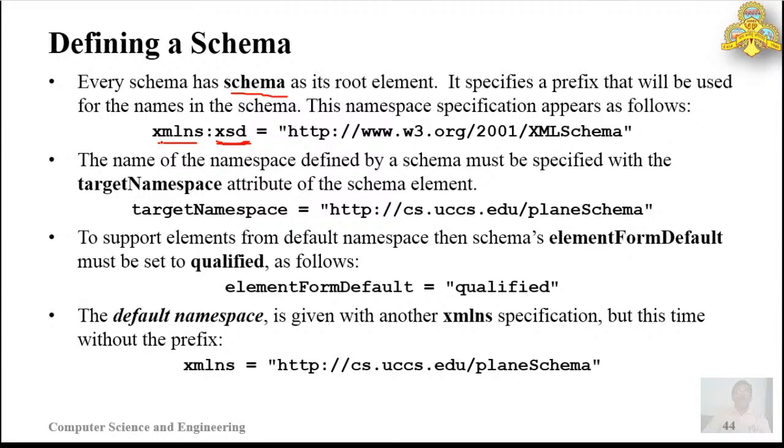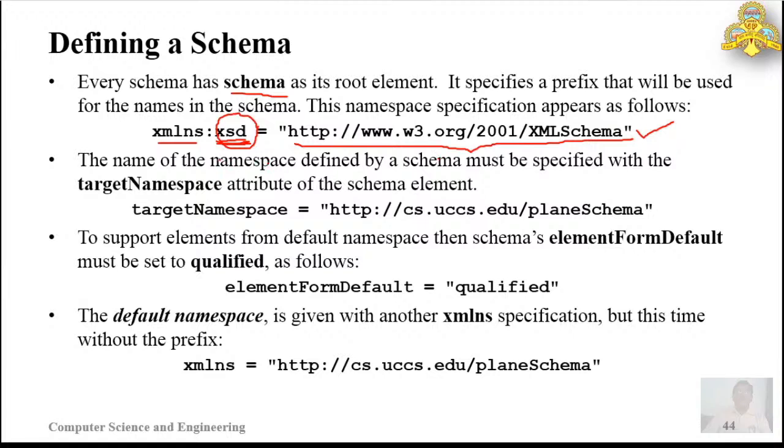xmlns stands for XML namespace, colon, prefix name, that is XSD, and we provide the namespace as a URI, that is Uniform Resource Identifier. So here a namespace is provided. XSD is prefixed as XML schema.